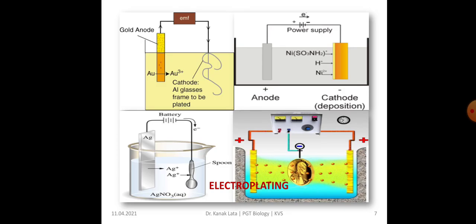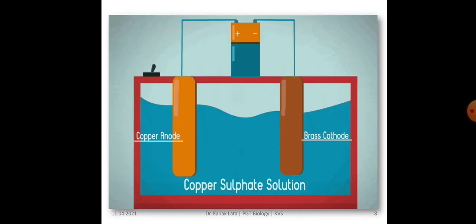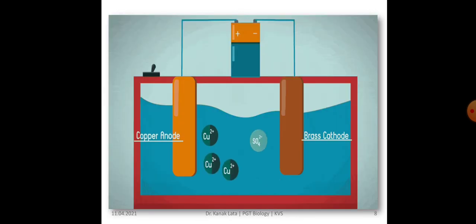In the first case, you can see that a gold anode is present and an aluminum glasses frame is to be plated. So gold is coated over the aluminum. Now here you can see copper sulfate solution is present, with a copper anode and a brass cathode.